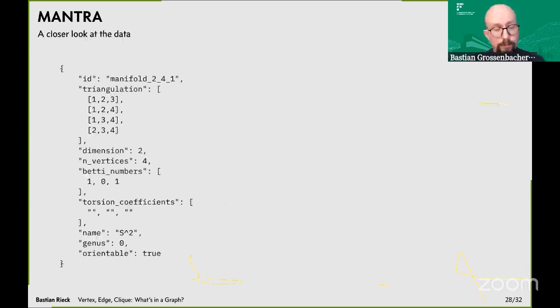Now, we have stored this for now in a very nice human-readable JSON file. So for instance, you have here an excerpt of that with an ID, the triangulation itself, which consists of the top level elements, a dimension of the object that is being triangulated, the number of vertices that you would get. So here 1, 2, 3, 4. So we have 4 vertices.